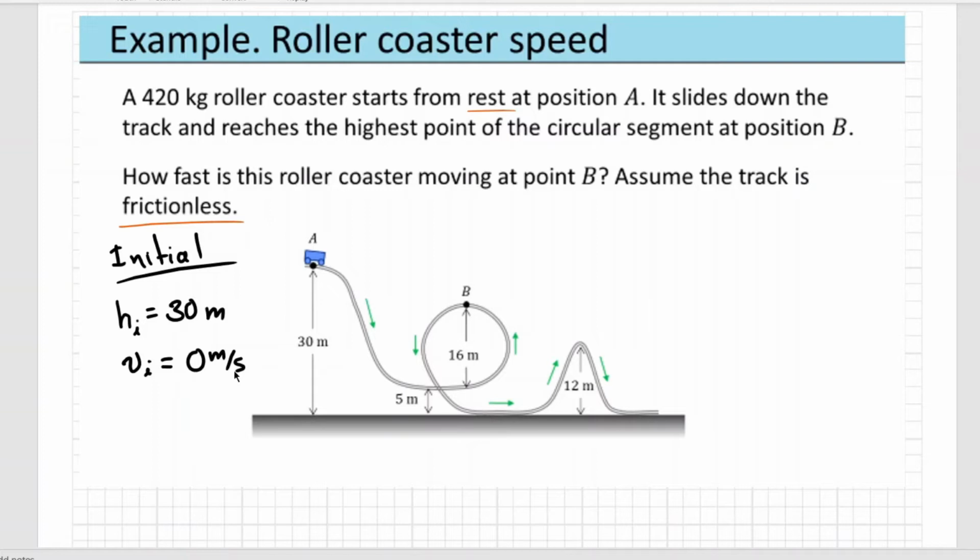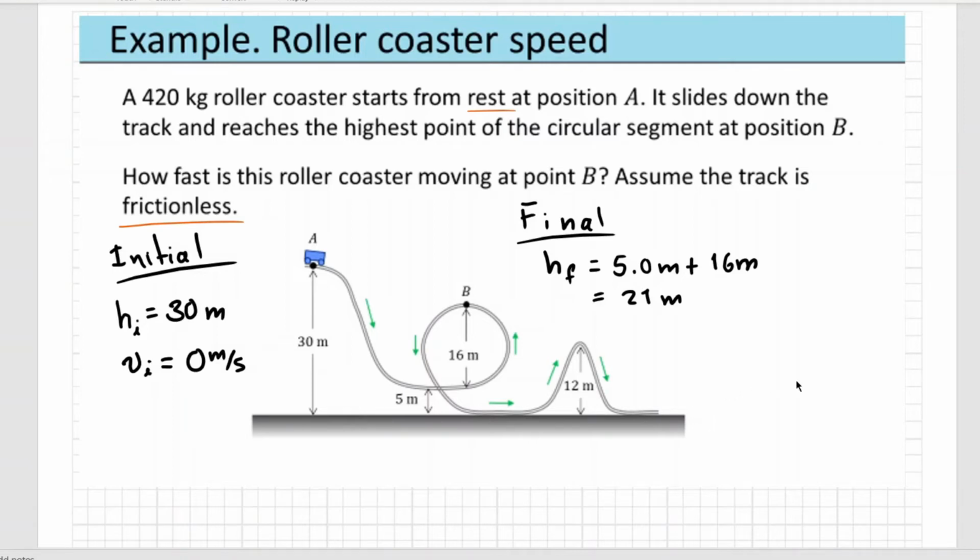On the other hand, when the car is at position B, which we will choose as our final position, at that point we can see that the height of the car will be 5 plus 16. So we get 21 meters as the final height.